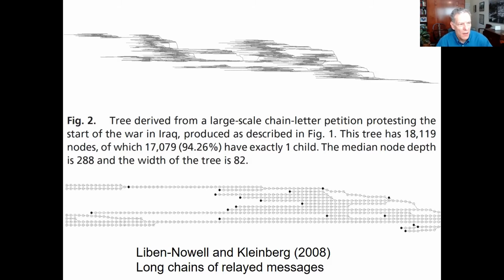So each one of these nodes is a person who then forwarded the emails, and this follows the chain of where these emails went.